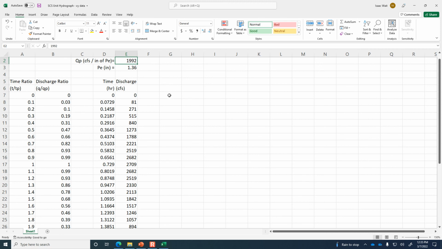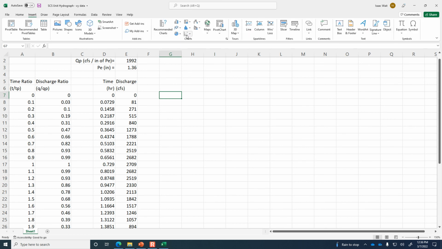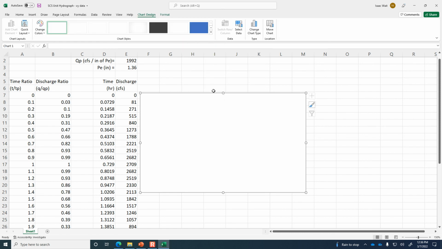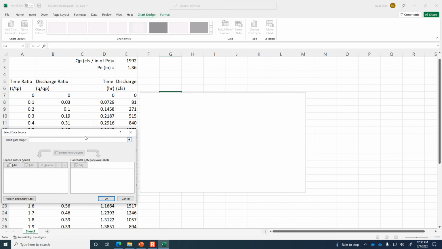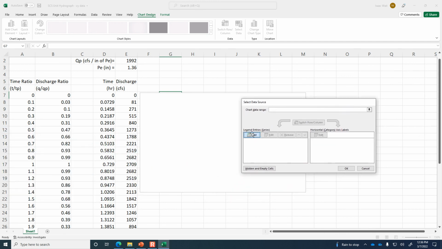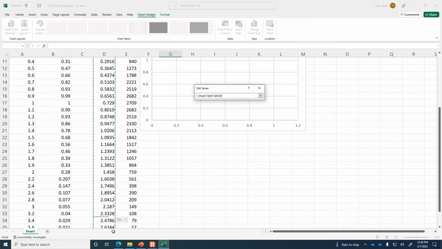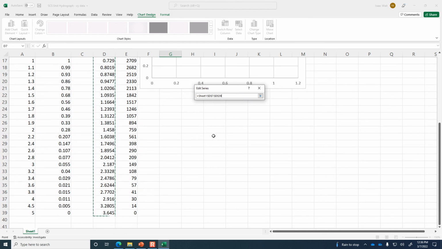Okay, so the last part of this is for us to make a meaningful figure. So we can go here into insert, and let's create an XY chart that has the nice smooth lines, and we don't need the underlying data points graph necessarily. So I'm going to select the data and have for the X values time, and for the Y values we'll put the flow rate.